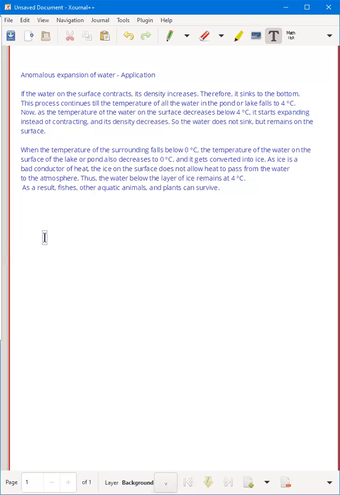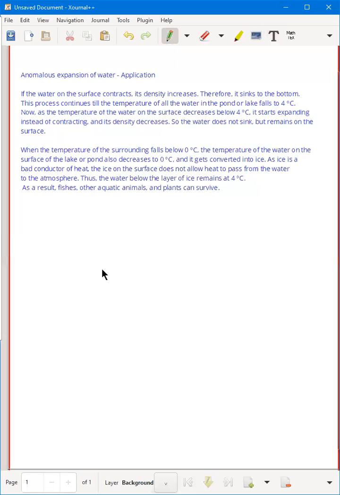Done, everyone? One question. Sometimes in colder parts of the world, the water pipes burst in the winters. Why is that? Why do water pipes sometimes burst in winters? Think about it.